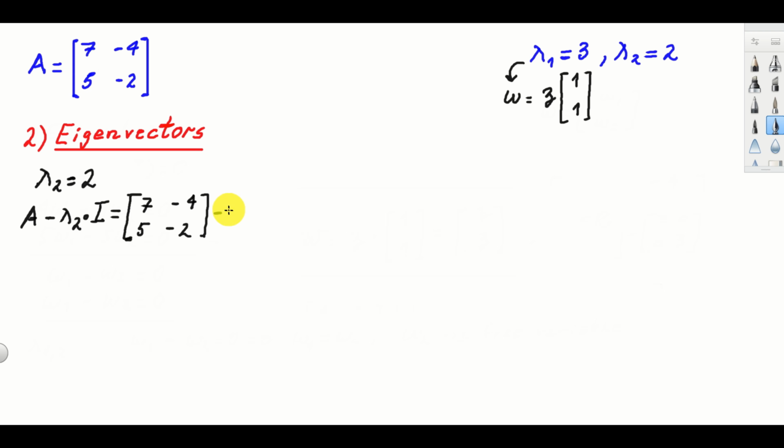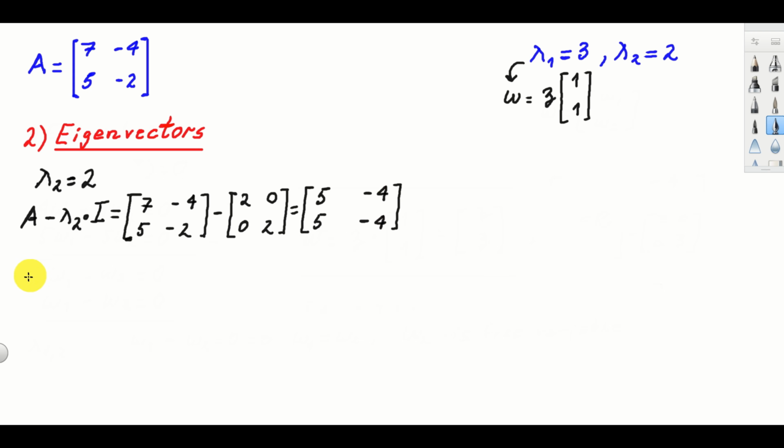It's equal to 2, and 2 multiplying the identity matrix becomes 2, 0, 0, 2. And this further becomes 7 minus 2 is 5. Then we have here minus 4. Then we have 5 over here. And over here we have minus 4.